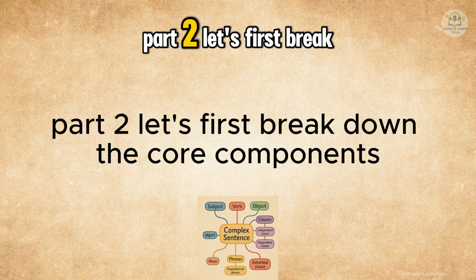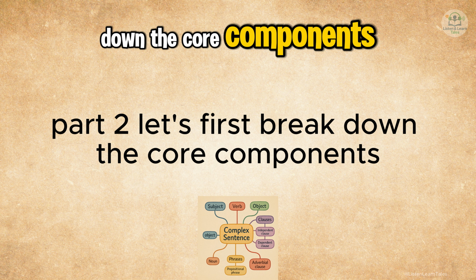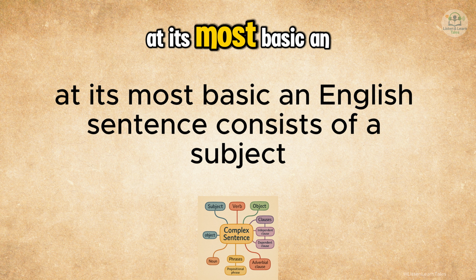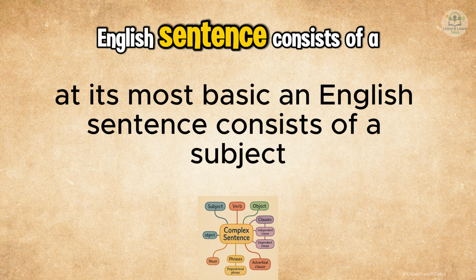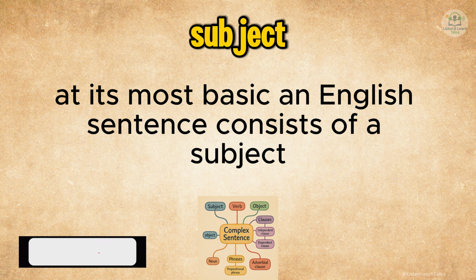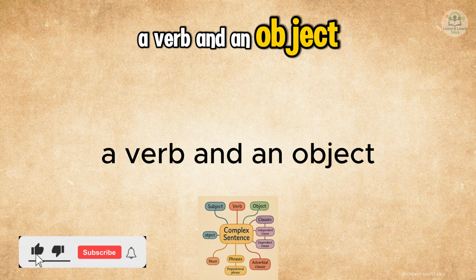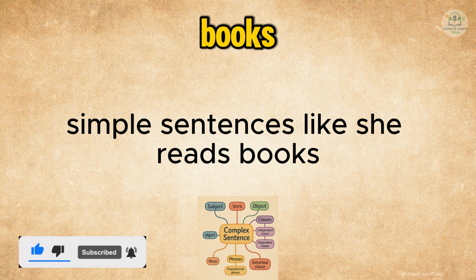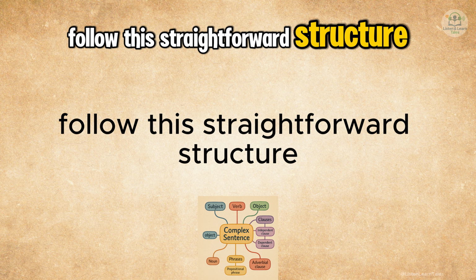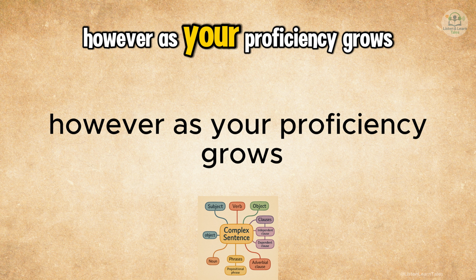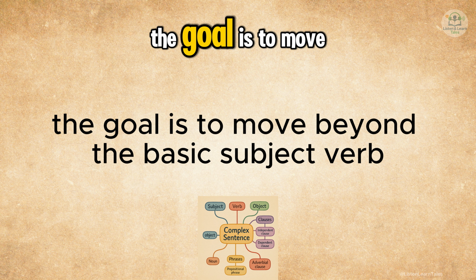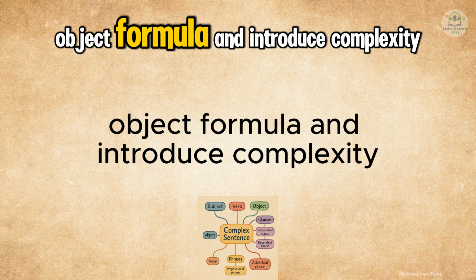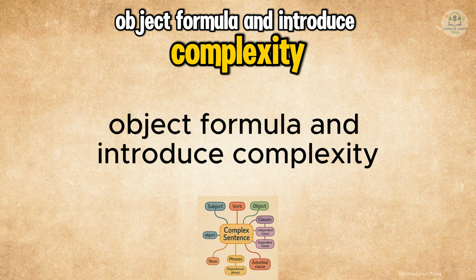Part 2. Let's first break down the core components of English sentence formation. At its most basic, an English sentence consists of a subject, a verb, and an object. Simple sentences, like "she reads books," follow this straightforward structure. However, as your proficiency grows, the goal is to move beyond the basic subject-verb-object formula and introduce complexity.